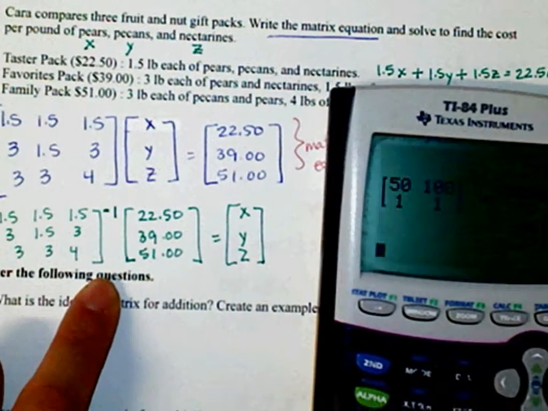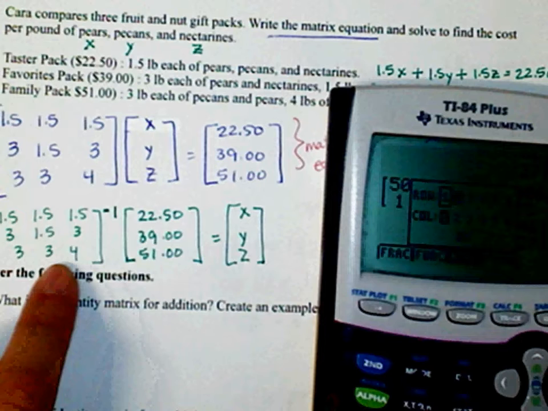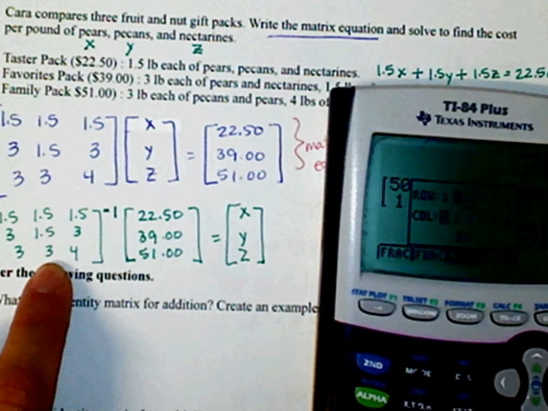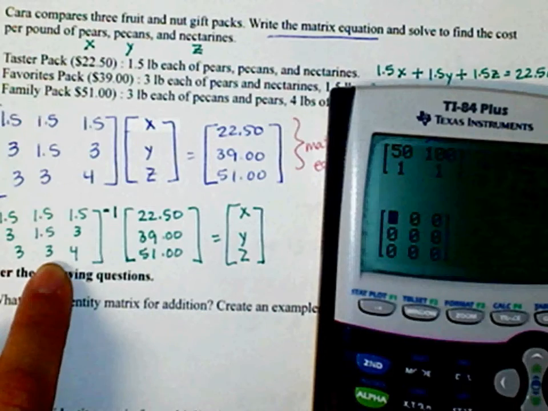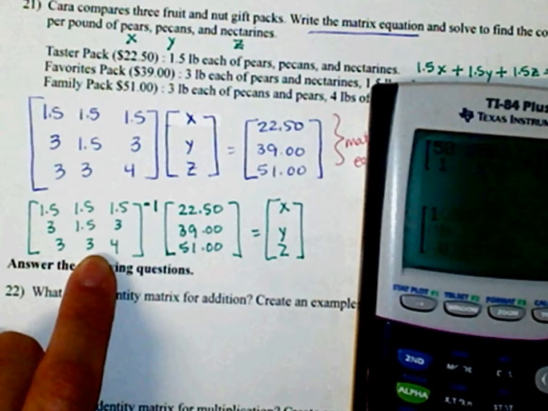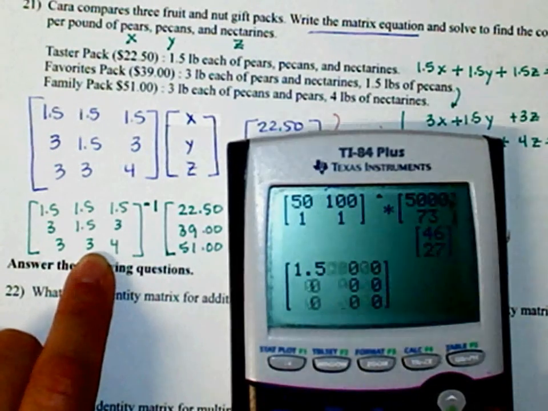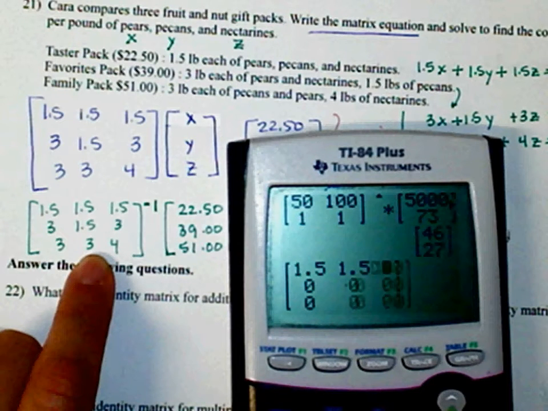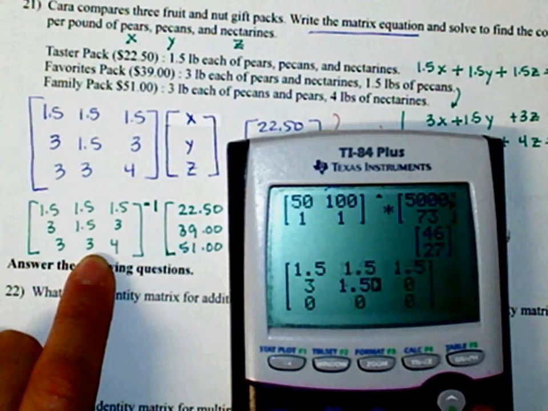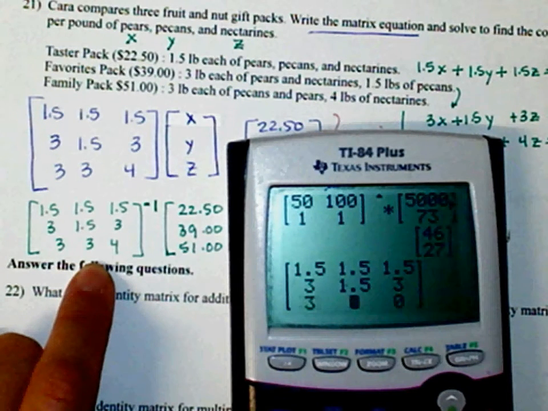Alpha zoom, it is a 3 by 3. Okay? Not every square matrix has an inverse. So 1.5, 1.5, 1.5, 3, 1.5, 3, 3, 3, and 4. Okay?